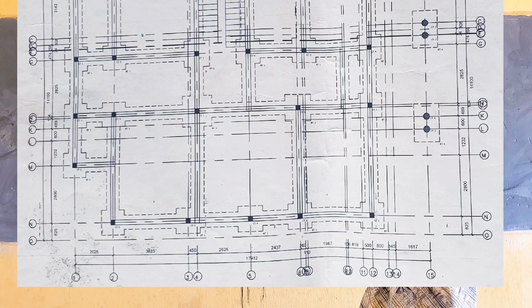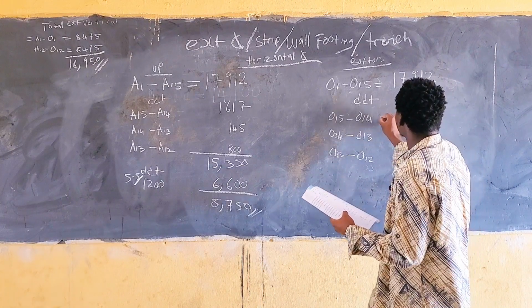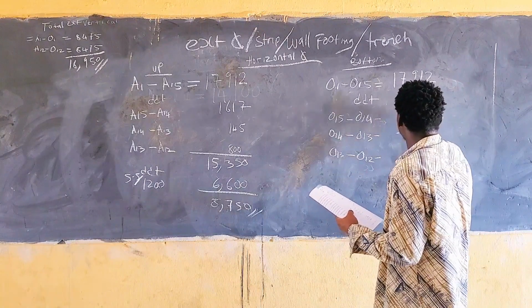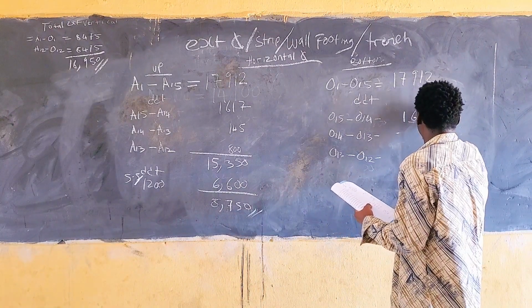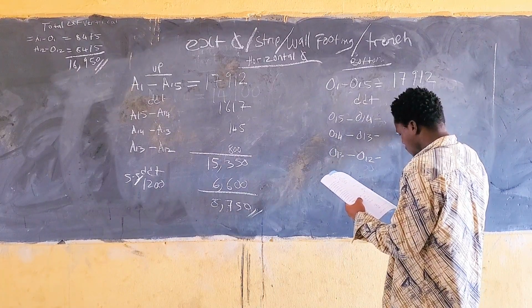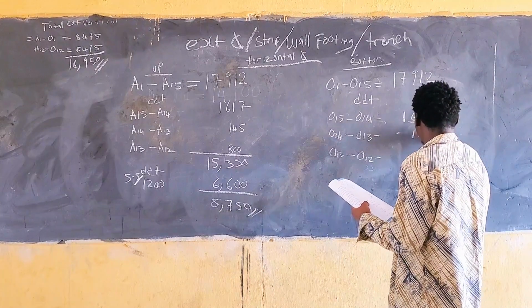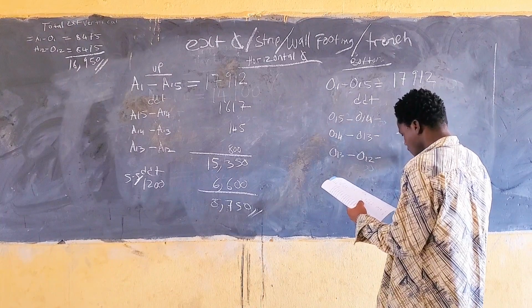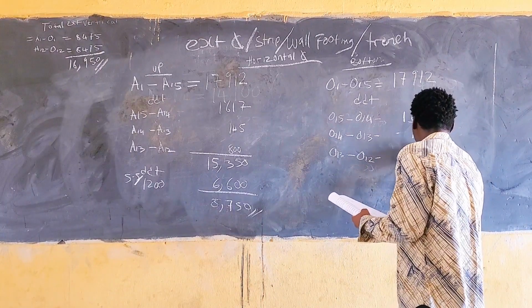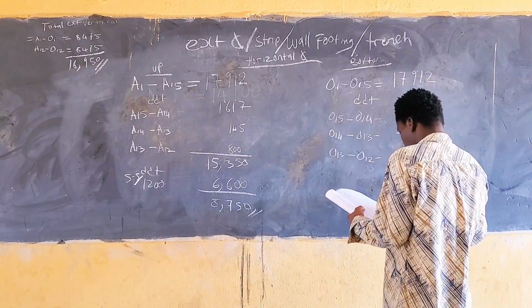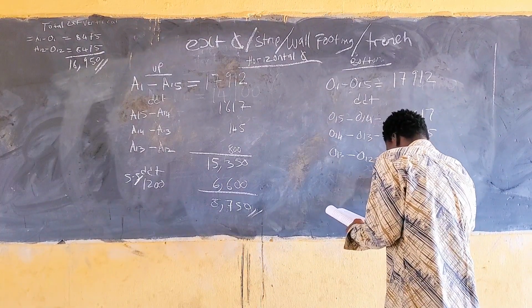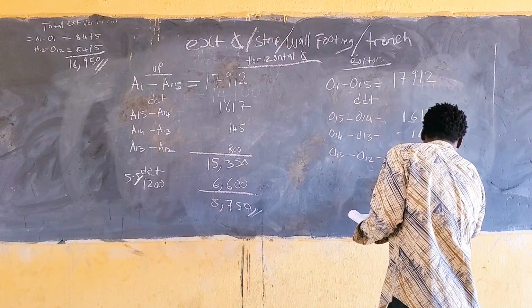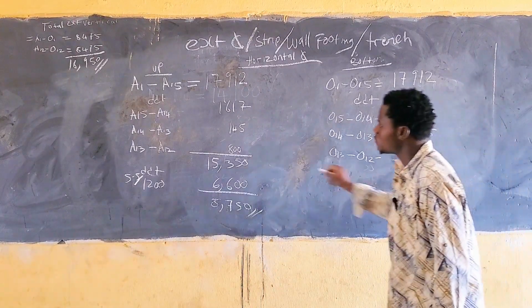So this will give us 1,617, 145, and 800. So that's 15,350. See, still the same thing as this one.